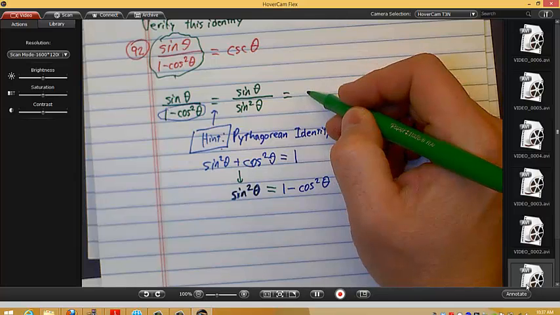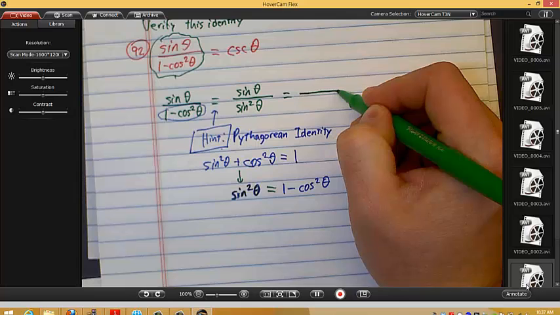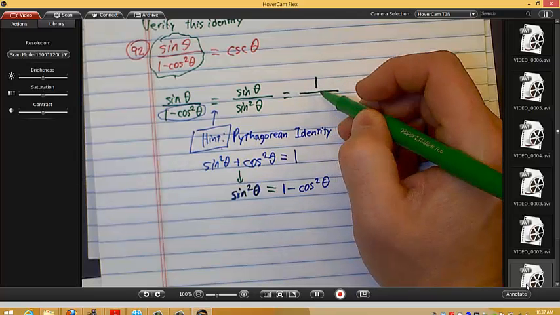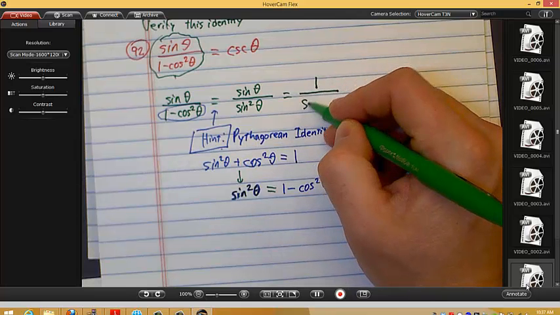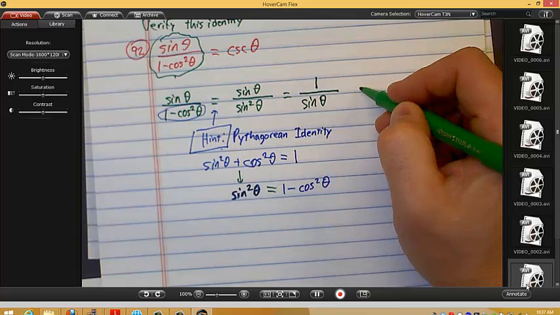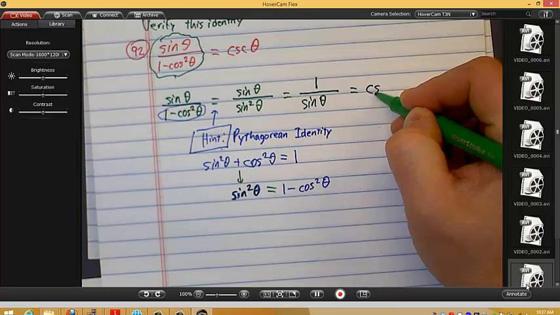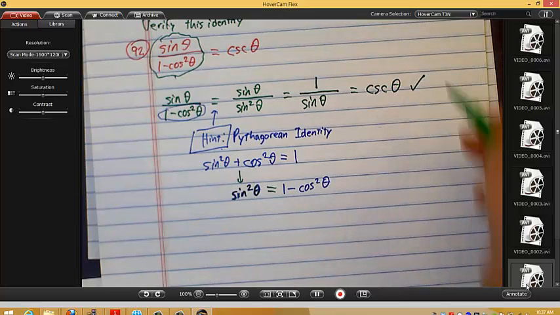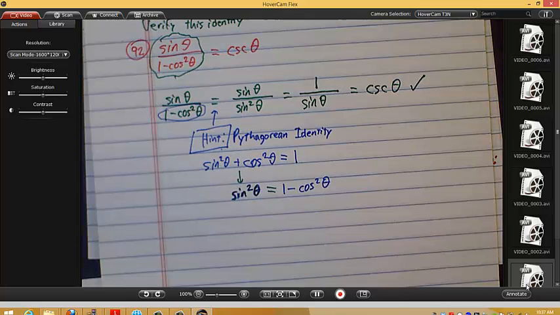What are you left with in the numerator? A 1. And in the denominator? Sine of theta. And what's 1 over the sine of theta equal to? Hey, we got it. Okay. So this is our first look at verifying identities.